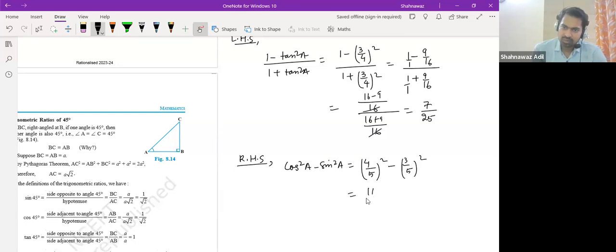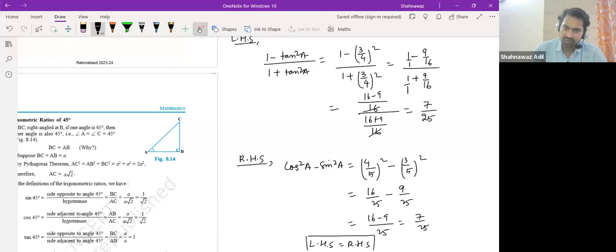So 16 by 25 minus 9 by 25. So 16 minus 9 by 25, which is 7 by 25, which means that LHS is equal to RHS. So this was the question.